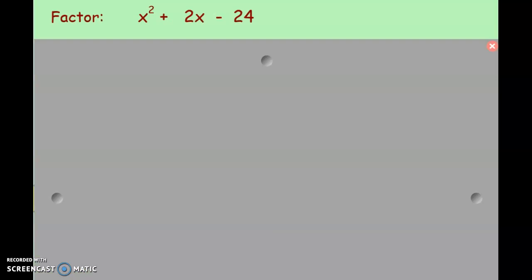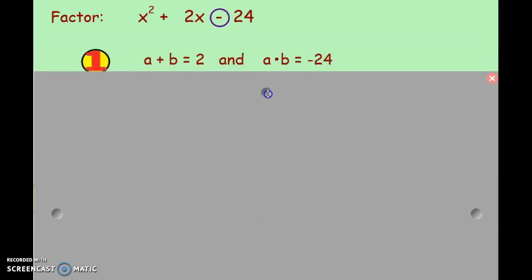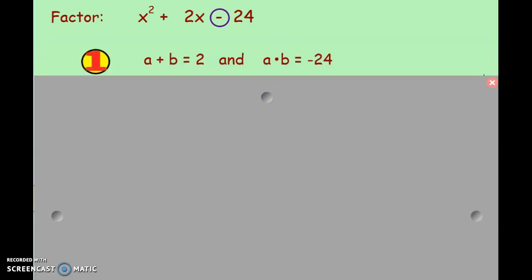All right, new type of problem. What's different about this one than the ones we had before? You'll notice that this time we have the subtraction sign at the end, but that doesn't change what we're doing. Again, we're looking for two numbers that when you add them together, you get a 2, but when you multiply them, you get a negative 24. Now, for this to be a negative 24, you know that one of them has to be positive and one has to be negative.